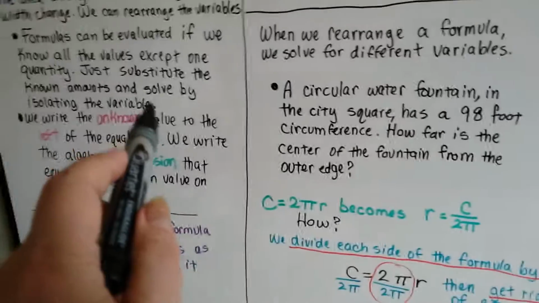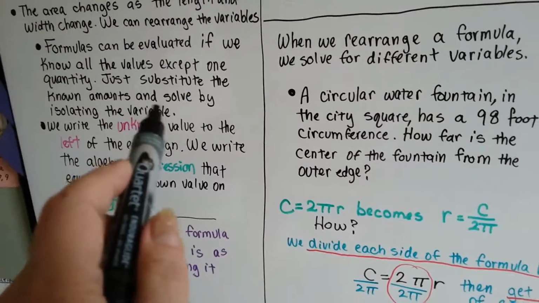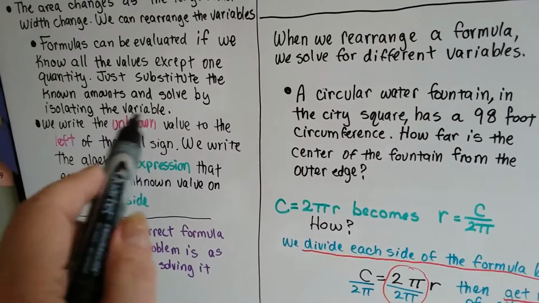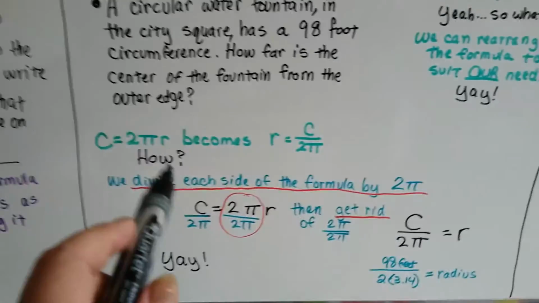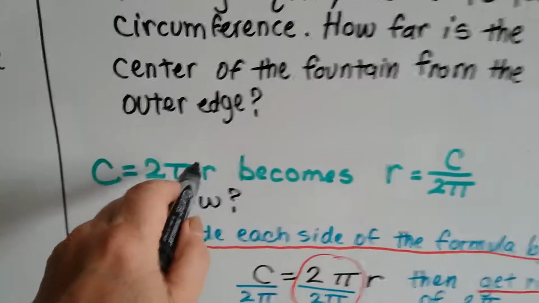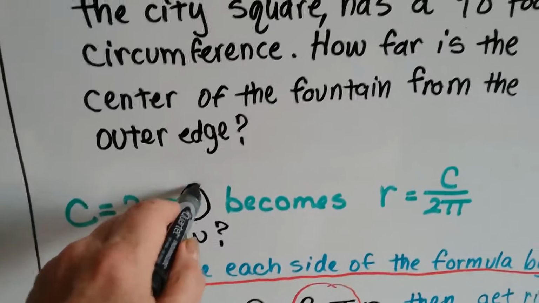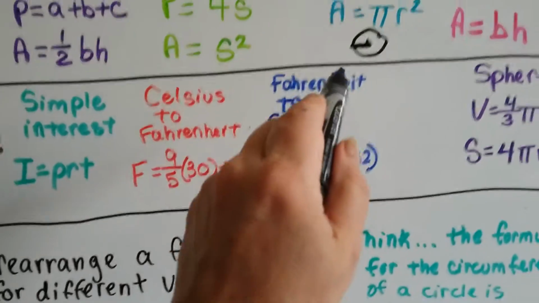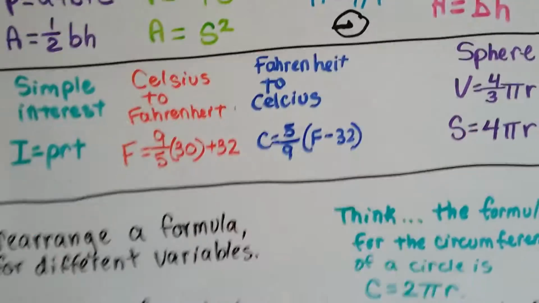And remember what I said, we need to substitute in the numbers that we know, and we need to isolate the variable. So the variable that we're trying to isolate is this r right here. We need to find the radius. That's the center of the fountain to the outer edge. See? The center of the fountain to the outer edge.